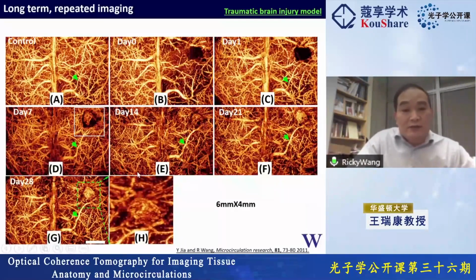Another feature you will see is the total blood flow. You see this signal intensity going down, and at day 7 the signal is lowest, and then it goes up and comes back to normal. And this is a very important phenomenon.